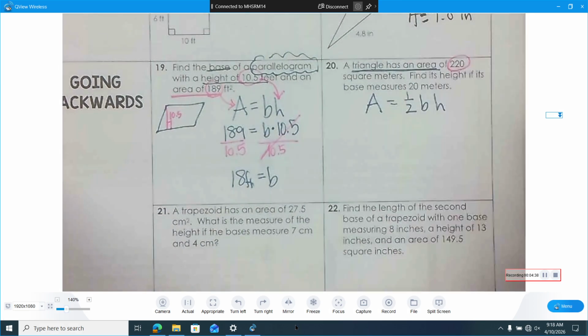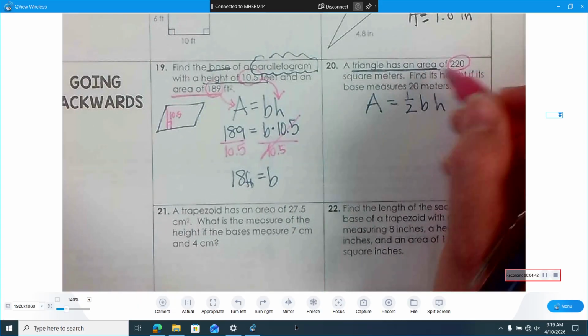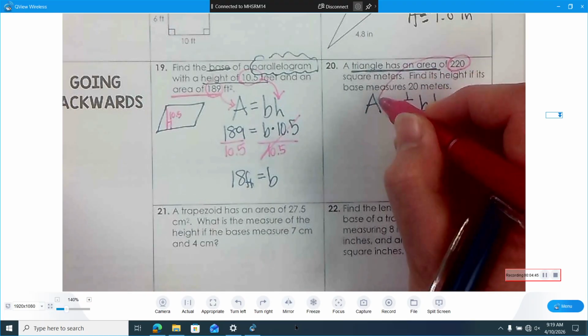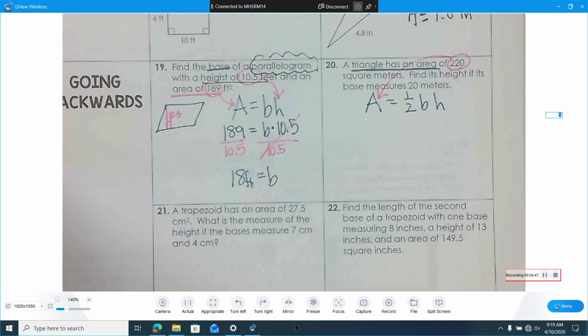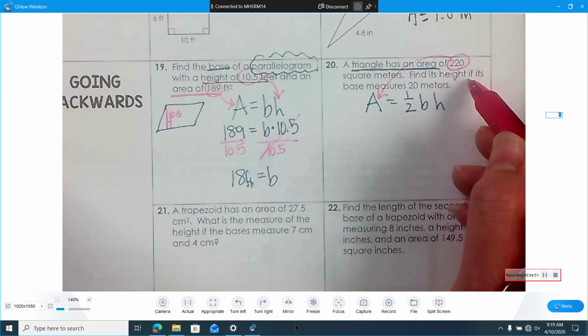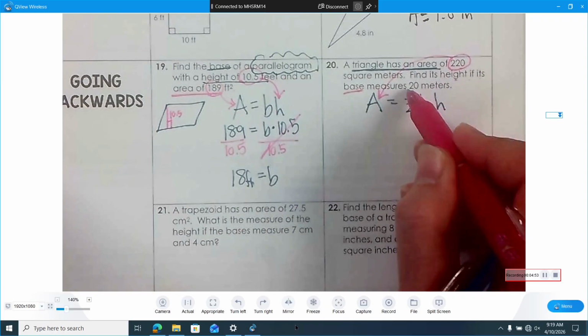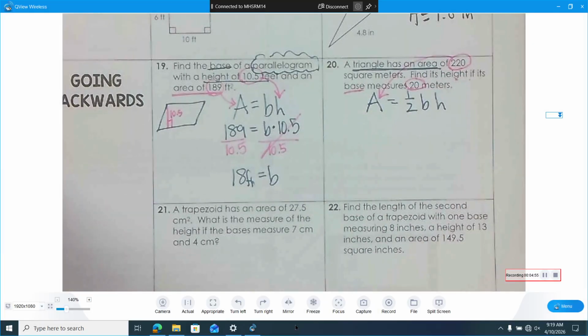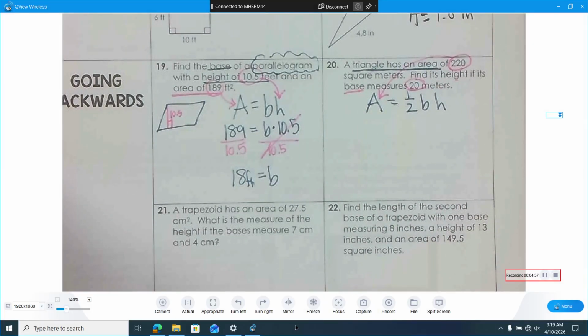So where do we put the 220 in? A, yeah, it's 220 square meters. That's area. So we can pop that in right there for A. And it says find its height if its base measures 20 meters. So where should we put the 20? B, yeah, it's the base value, so that goes in place of the B.